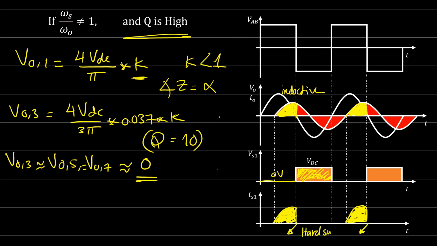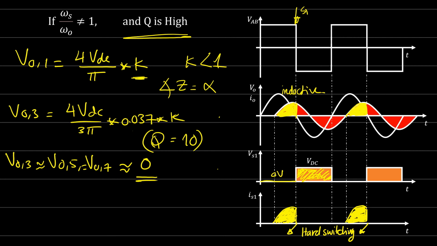Why? Because this is not zero current switching. We have hard switching because the current has a value when we send the switching order. When we turn off switch 1 and give the order to switches 3 and 4 to be conducting, the current here was not zero.